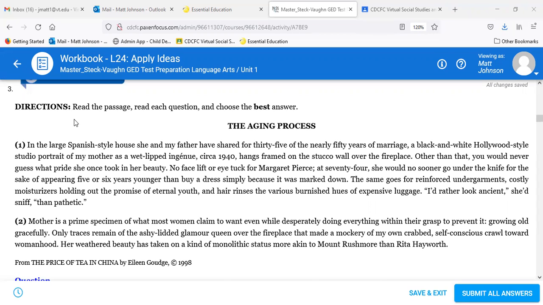Only traces remain of the ashy-lidded gray moth winging over the fireplace that make a mockery of my own craft, self-conscious womanhood. Her weathered beauty has taken on a kind of monolithic status, more akin to Mount Rushmore than Rita Hayworth. From The Price of Tea in China by Alan Gurganus, 1998.